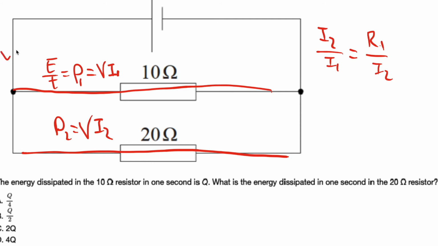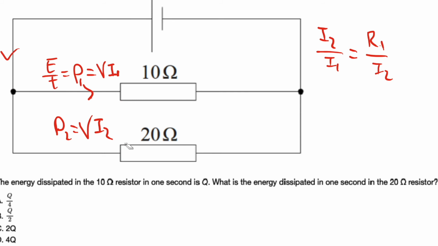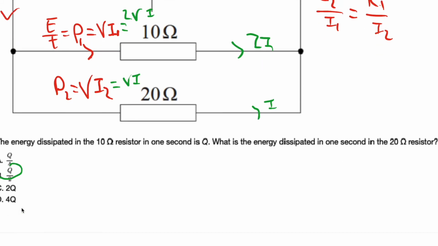So if here this current is 2I, then here will be I. Right. So let me write this down. 2I. So here's gonna be equal to V times 2I. So VI times 2, and this is gonna be equal to VI. So the power is gonna be equal to Q over 2.